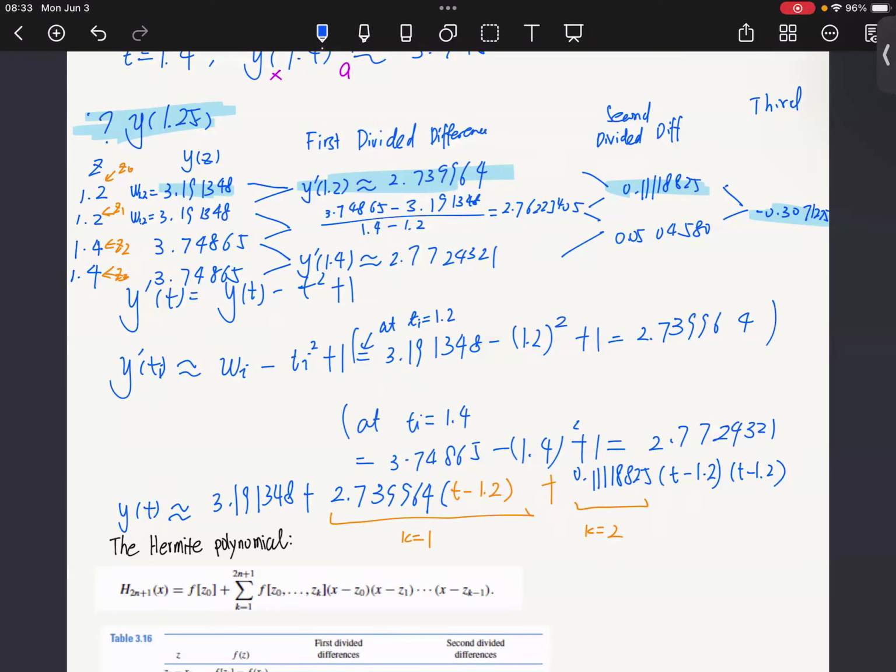And let's see how many items we need to write down here, because in this example we are doing the cubic one.